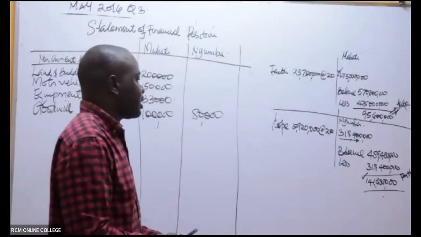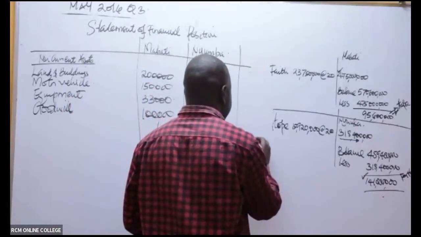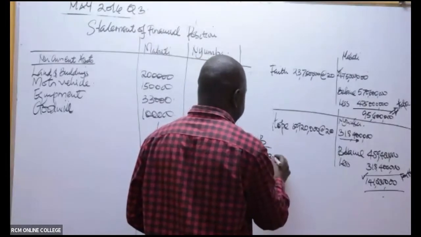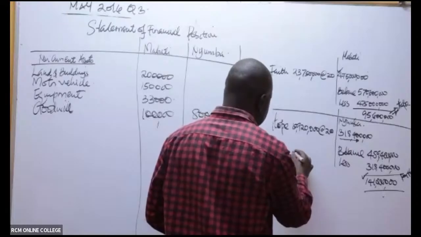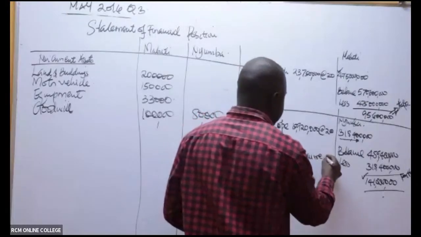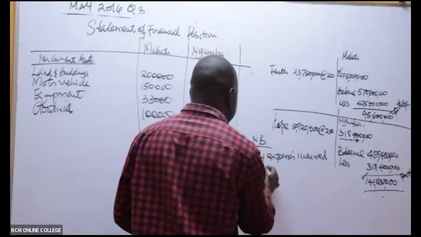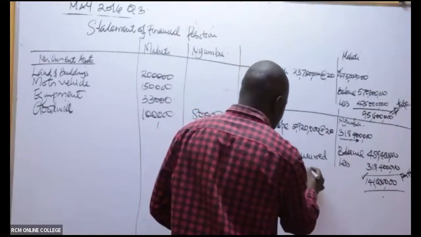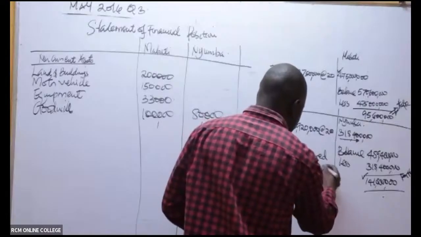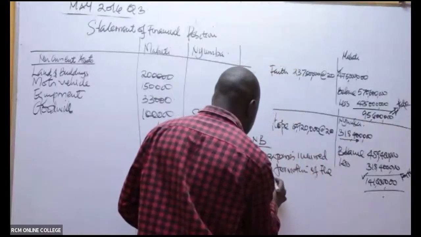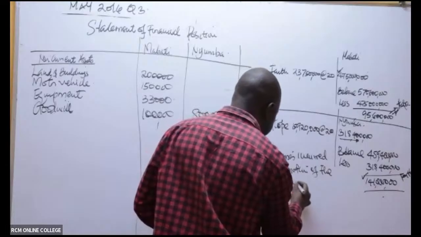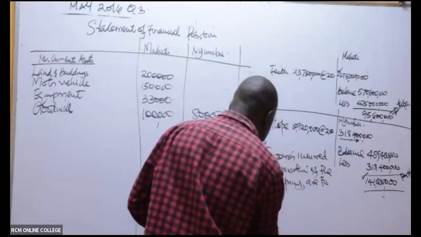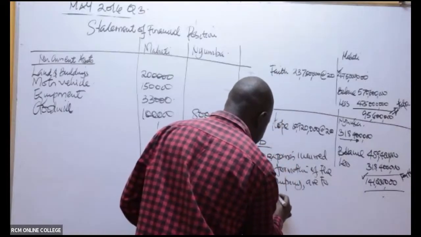In fact, you can note somewhere, NB: any expenses incurred on the formation of the new companies are to be capitalized.